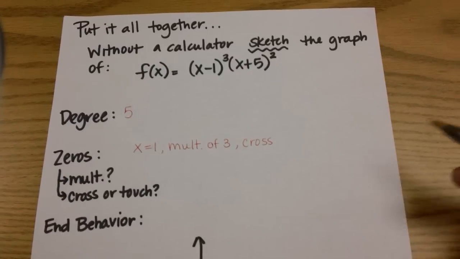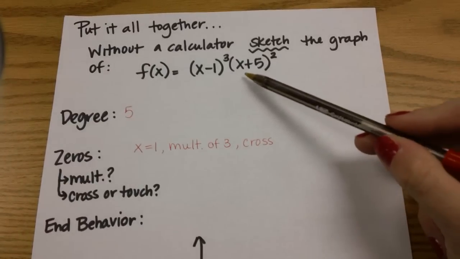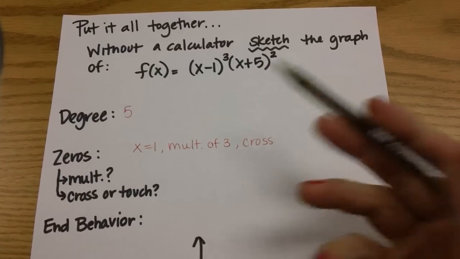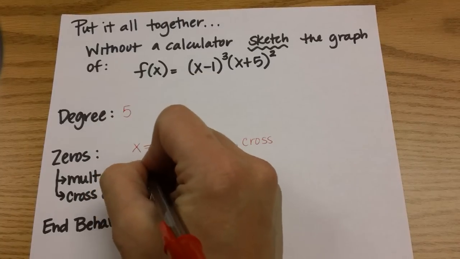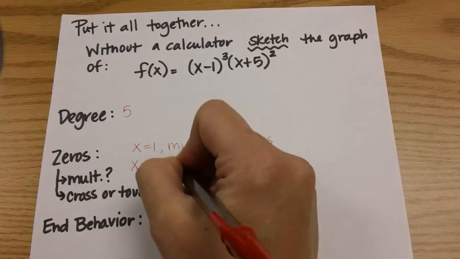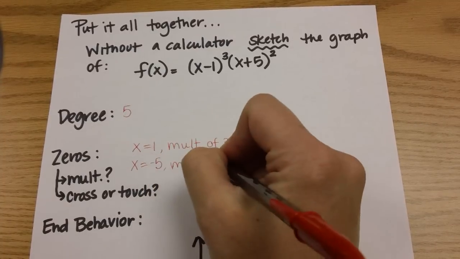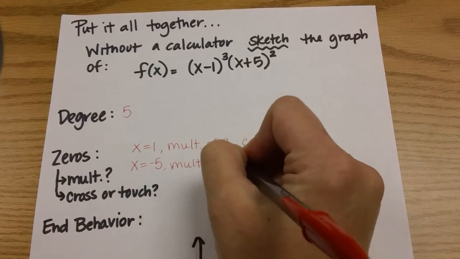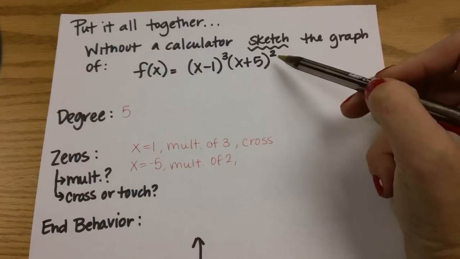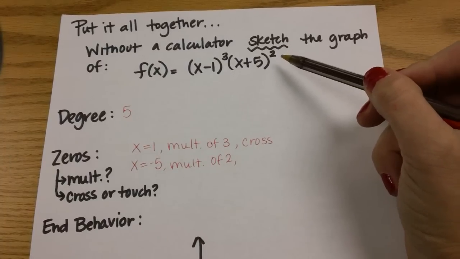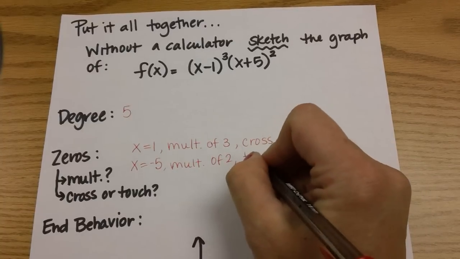Our second root, x plus 5, we set equal to 0, so x equals negative 5. Our multiplicity here is 2. And because 2 is an even number, that means it is going to touch the x-axis but never cross it.